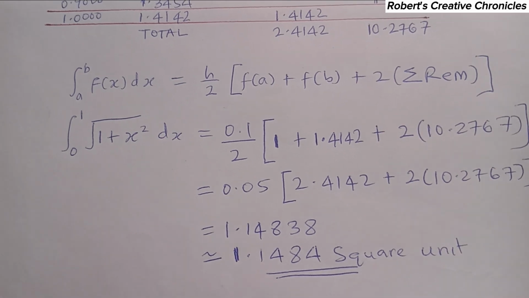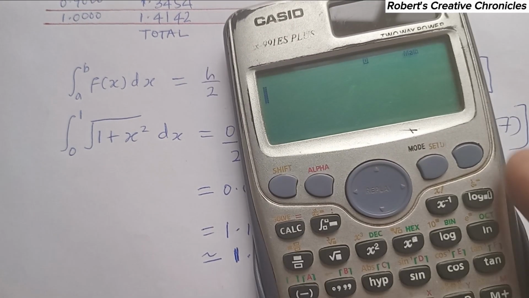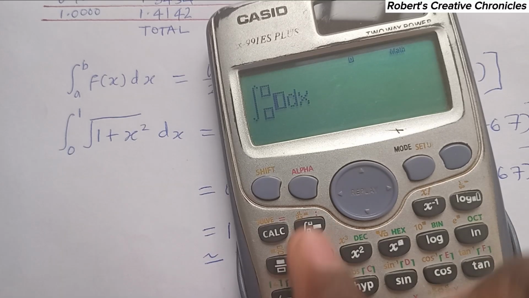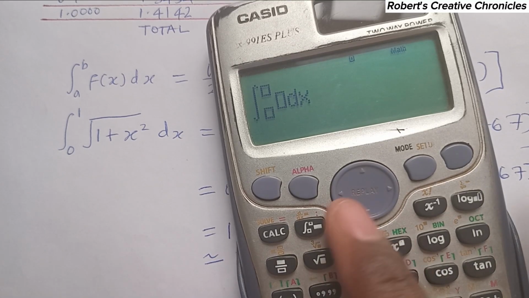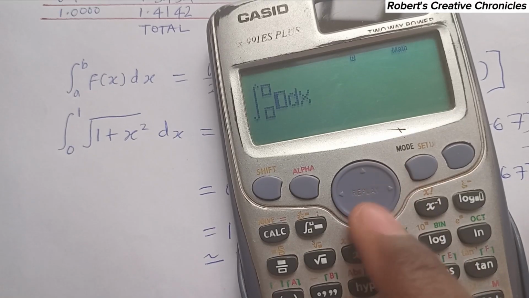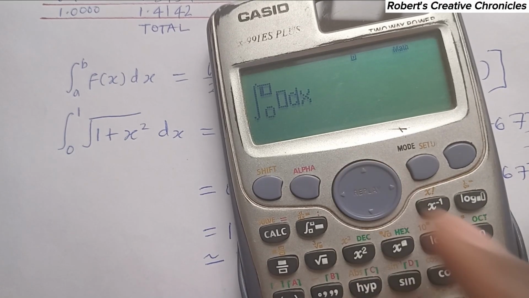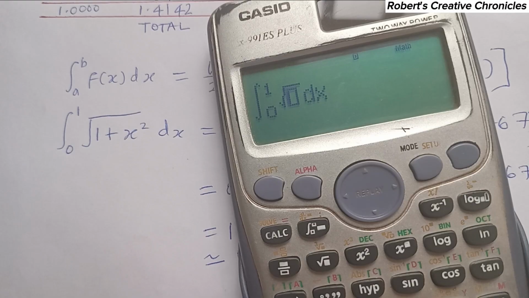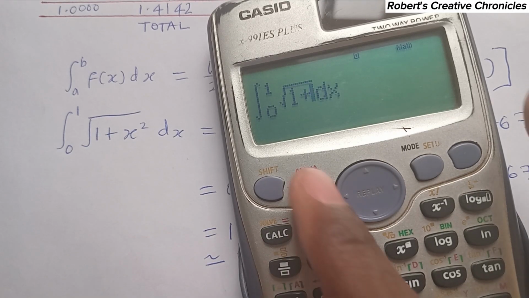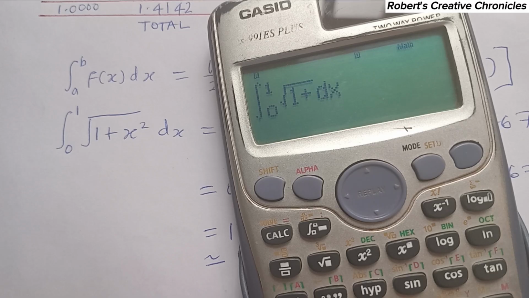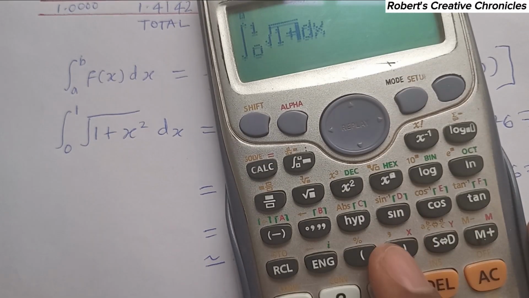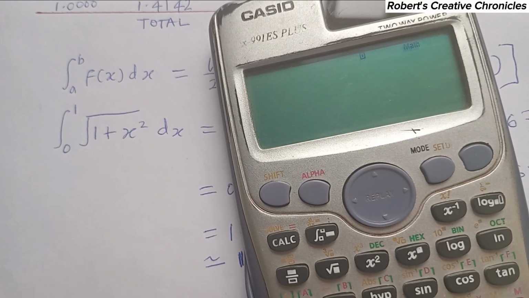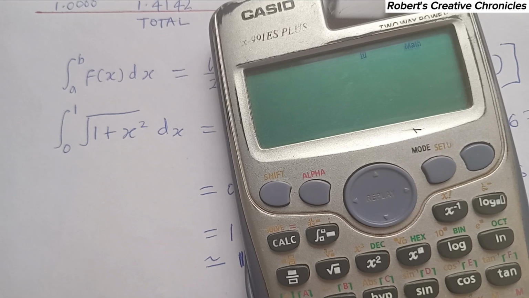Let me show you a shortcut that you can use this calculator to get the answer. See, there's a symbol for integral. You just press integral, you put the upper and lower limits, which are 0 and 1, then square root of 1 plus, then you press alpha, here is x, then you put square, then you wait.